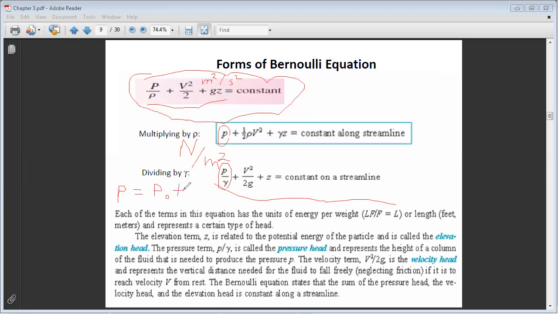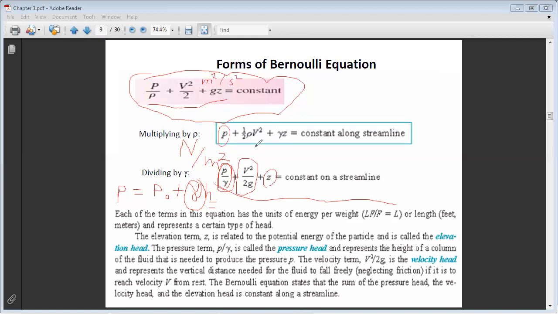So pressure has the same dimension as gamma times height. When you divide by gamma, you will obtain the height h. This is why we say that this term has a unit of length, and it's called the pressure head. This is called the velocity head, and it also has a unit of meter. And this is for Z, the elevation head.